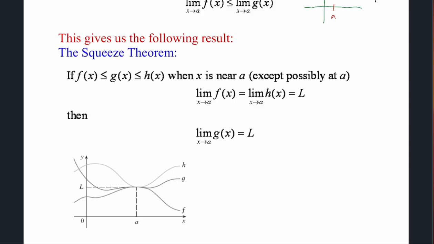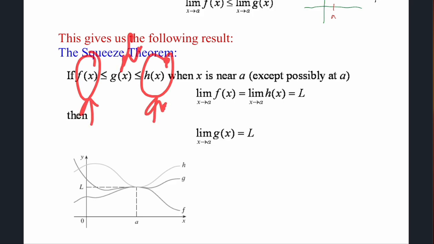Now, why do we care? Well, we care if g is a function where, let's say, when we try to do direct substitution, it doesn't make sense. It's hard to tell what's happening at that value. But this is like, say, a nice polynomial, and this is like a nice polynomial, and direct substitution works for both of those, and we get a limit of 5 for both of those.